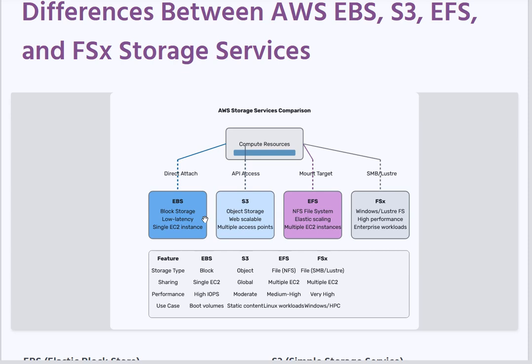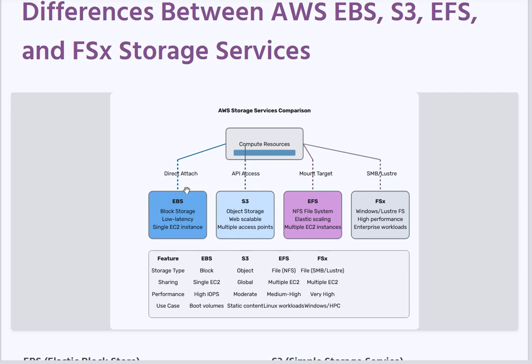It's for a single EC2 instance, not shared. It's availability zone based, in the same availability zone as the computer resource. So it can be directly attached. That's what it can do.